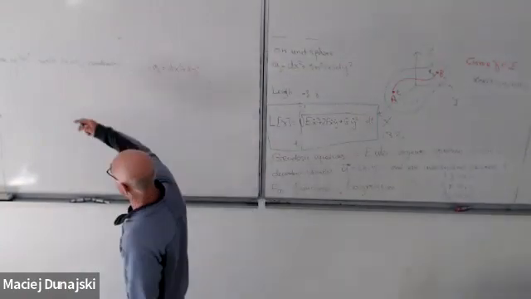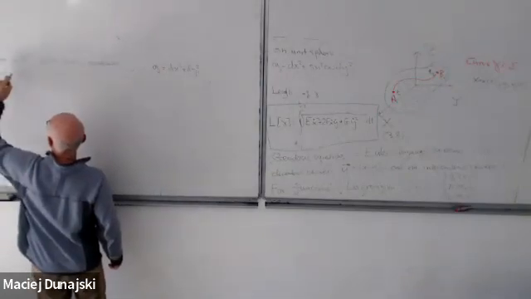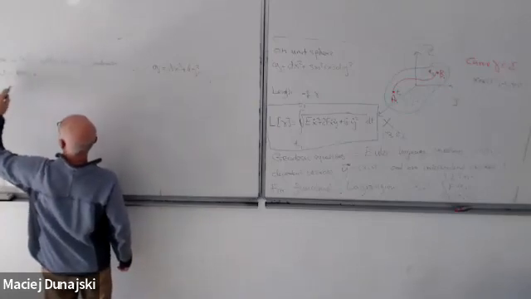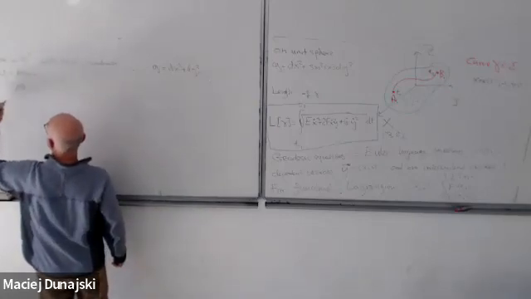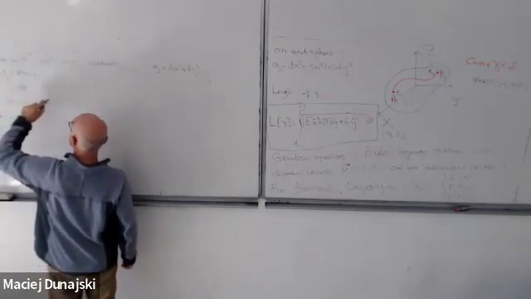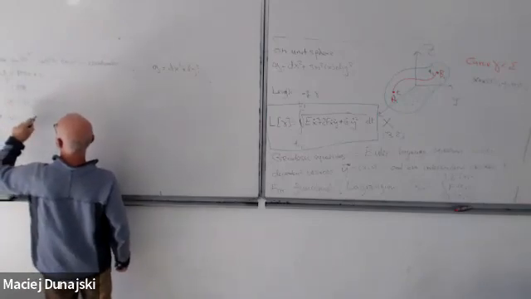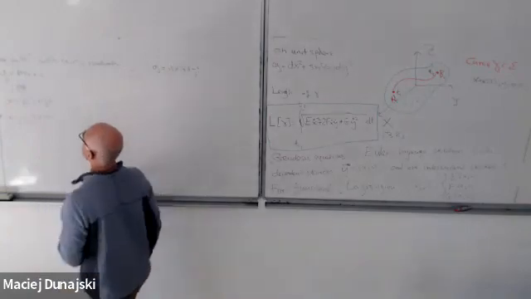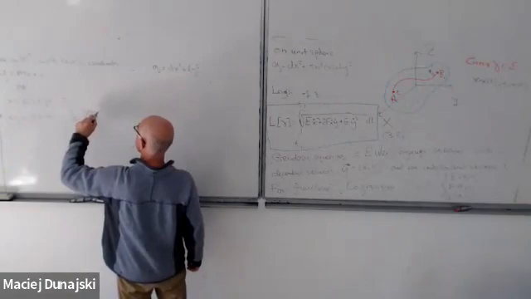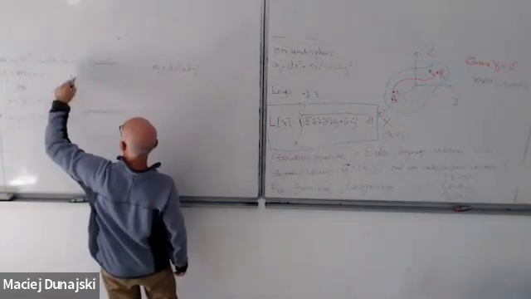Well, there are two ways to write a line. You can either write y equals mx plus c, or you can write x equals alpha t plus beta, y equals gamma t plus delta. This is the parametrized form, and this is the unparametrized form.